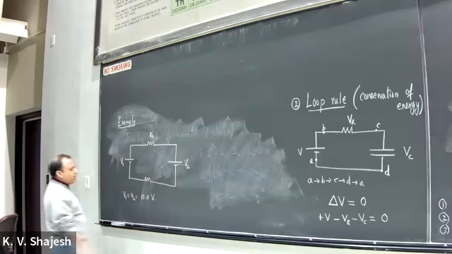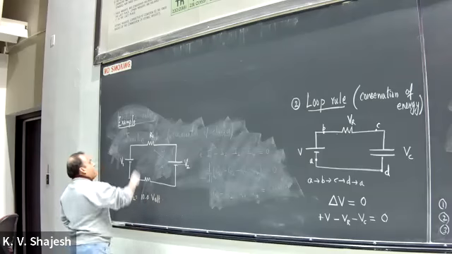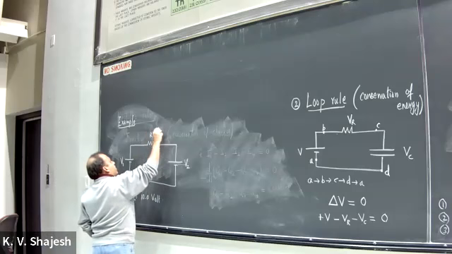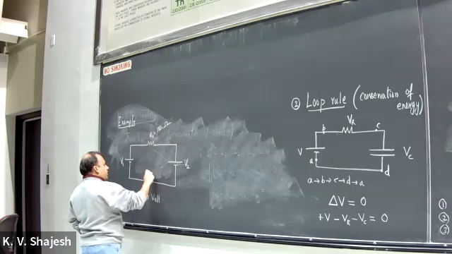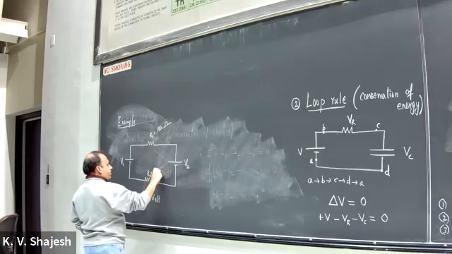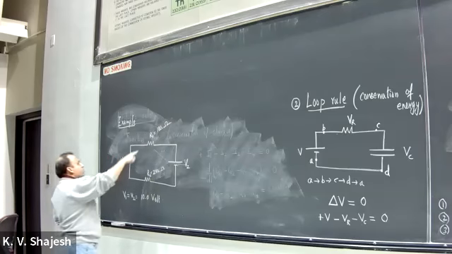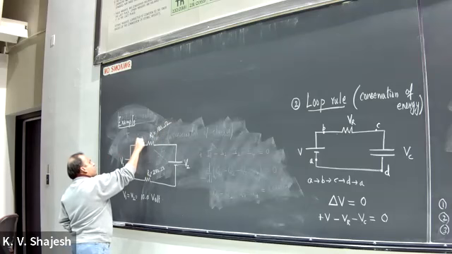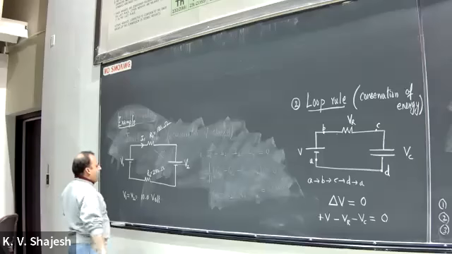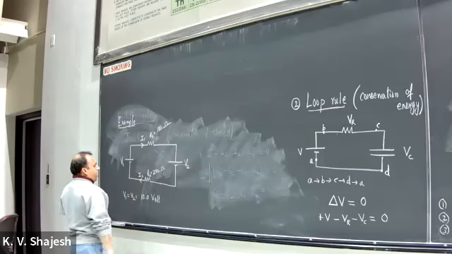And R1 is 100 ohms, and R2 is 200 ohms. And the question could be, how much current flows through R1 and how much current flows through R2?